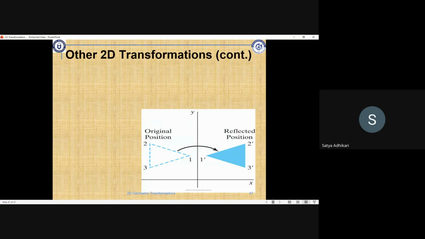Can you write the reflection matrix for this? Please write in your copy, then we will check what the reflection matrix is. Can you guess?